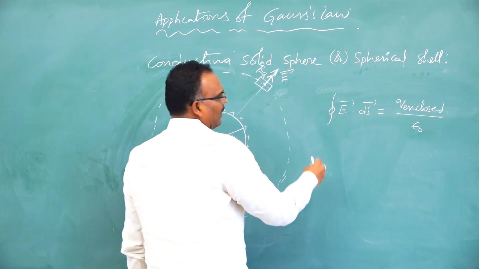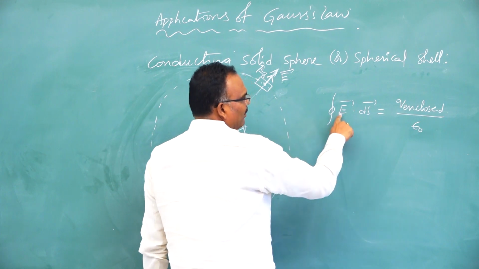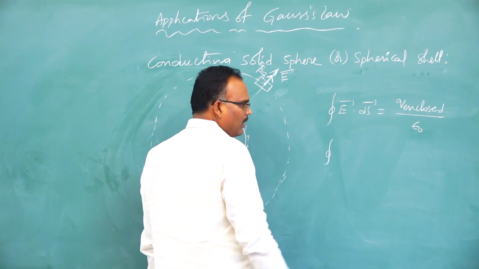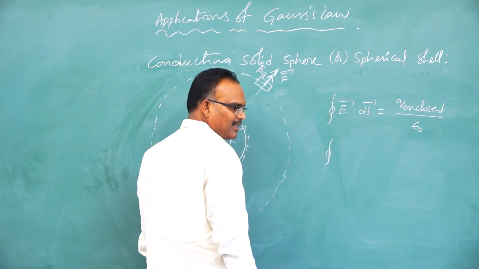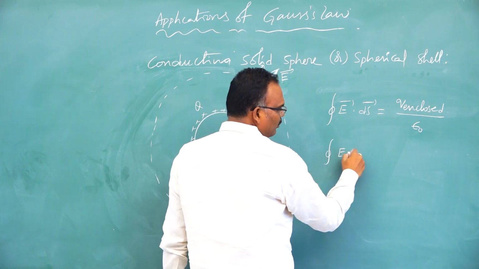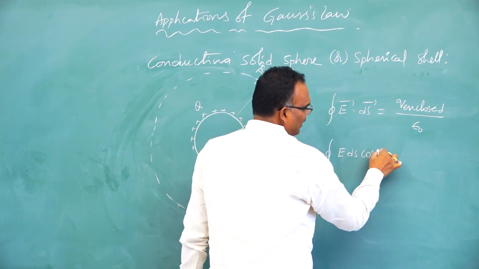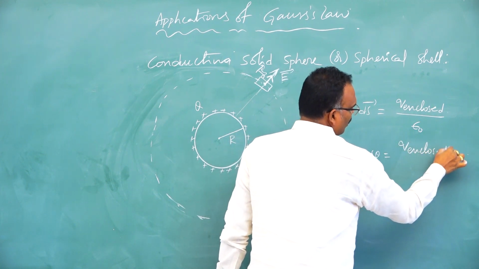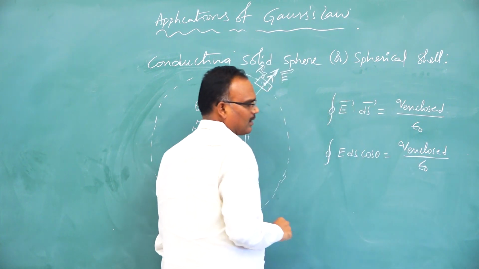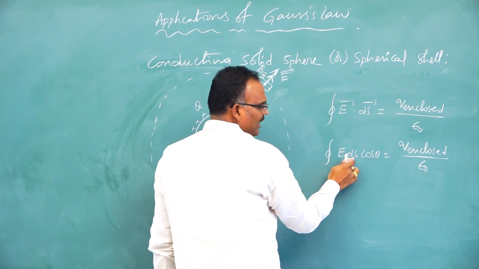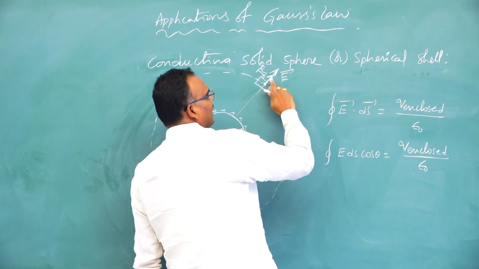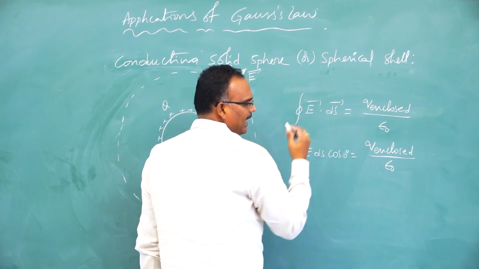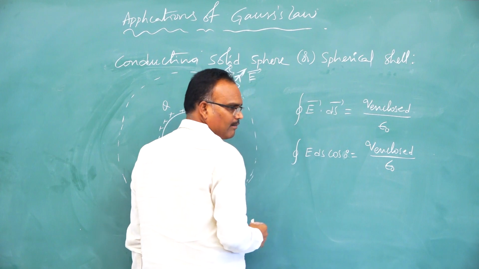Okay, so here the closed integral of E bar dot ds bar can be written as E ds cos theta, because A bar dot B bar is AB cos theta. So E ds cos theta is equal to charge enclosed divided by epsilon naught. Now here theta is the angle between E and ds. So from this, the angle between E and ds is 0 because they are parallel. So this is cos 0 degrees. We know cos 0 is 1.